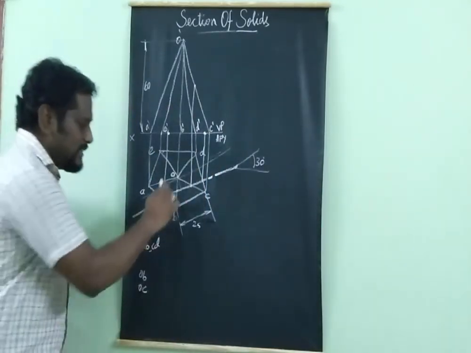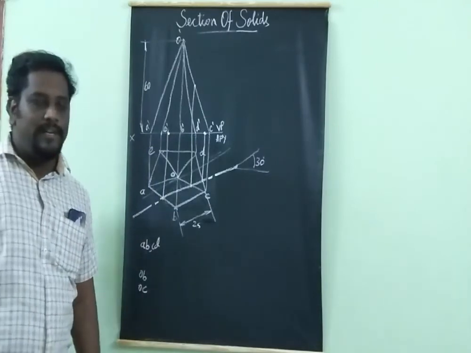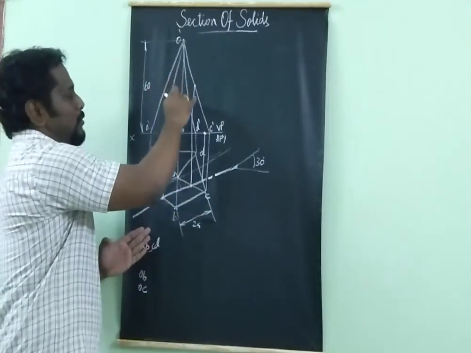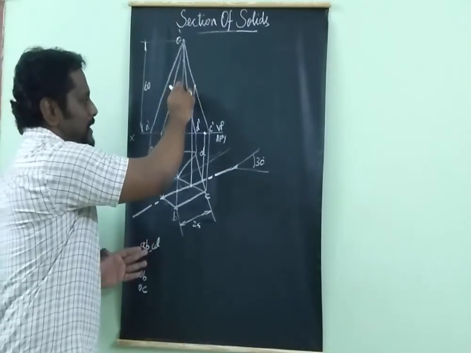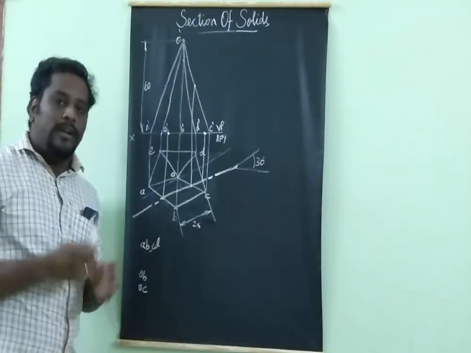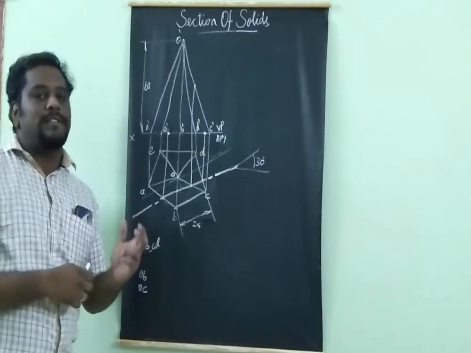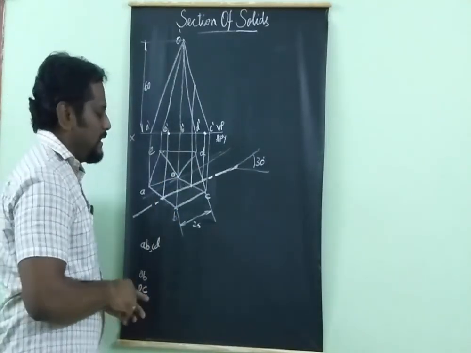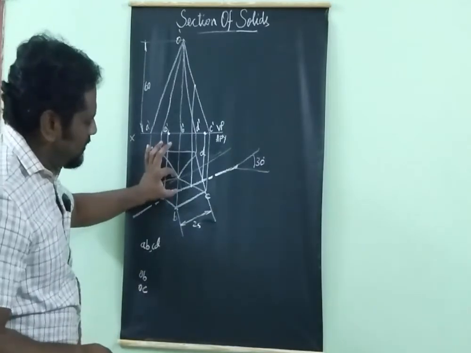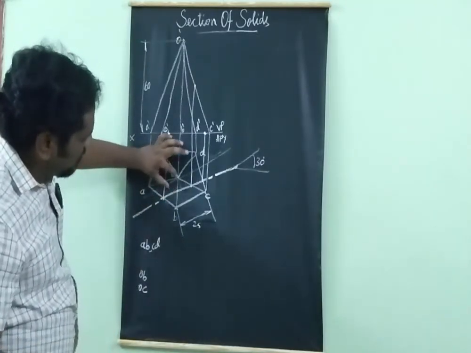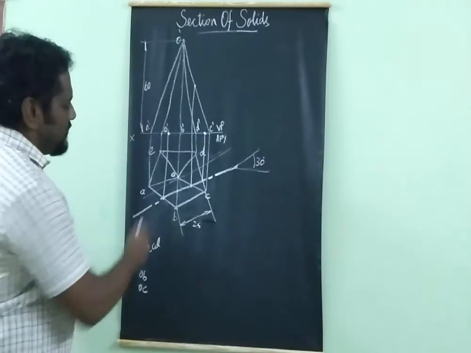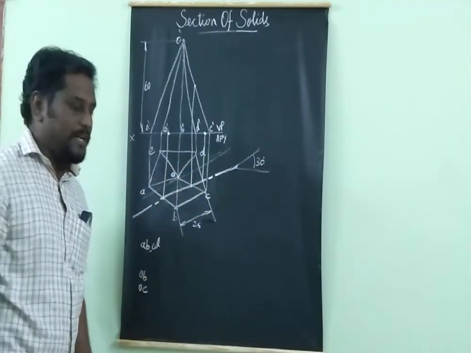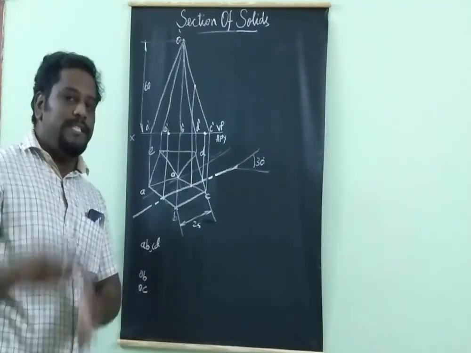To transfer this second cutting point, we already discussed a procedure of how to transfer the point from here to here. Now repeat the procedure in the reverse direction. What you have to do is take O as the center and with the compass measure this line, and cut an arc to the next longer edge, whether it is OA or OC, whichever is easy for you.